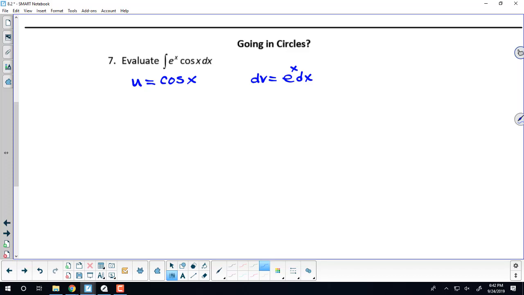So we have du as the derivative of u with respect to x. Sorry, derivative of cosine. And then the antiderivative, rather, of dv.